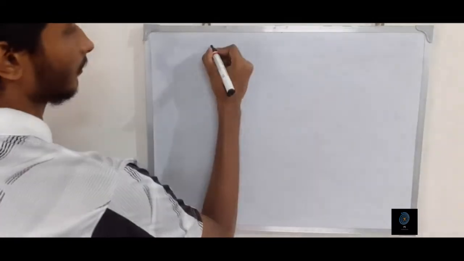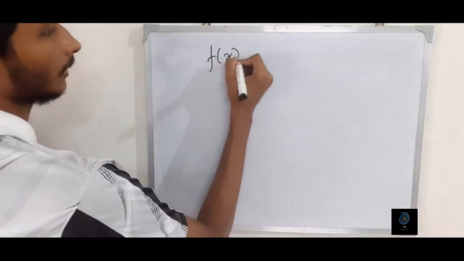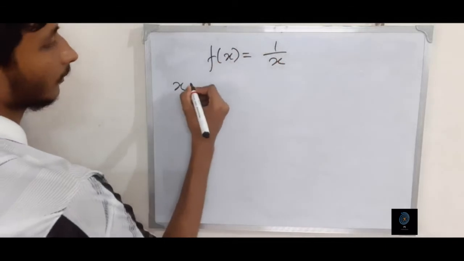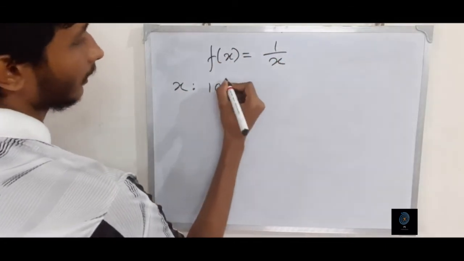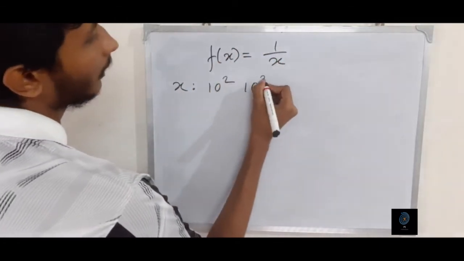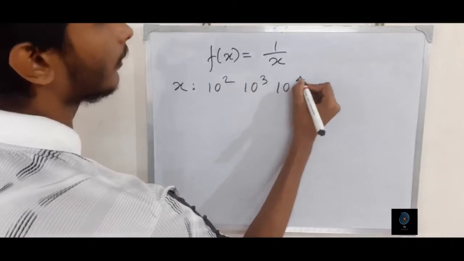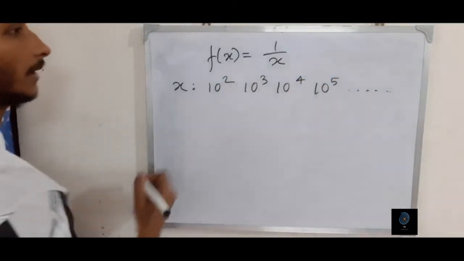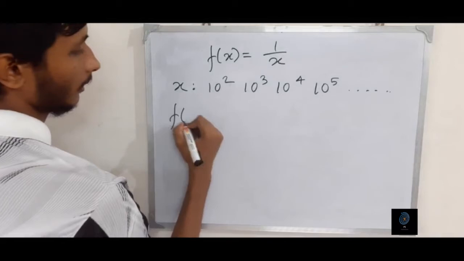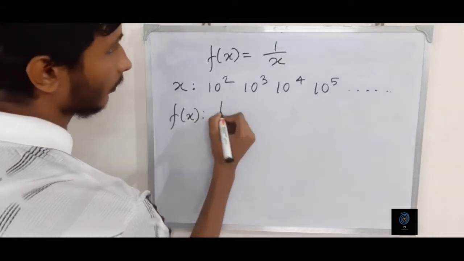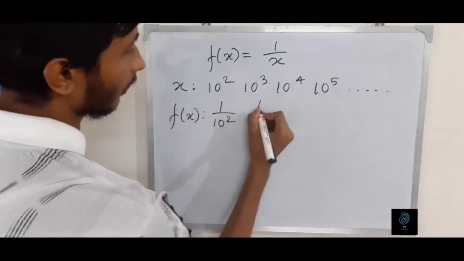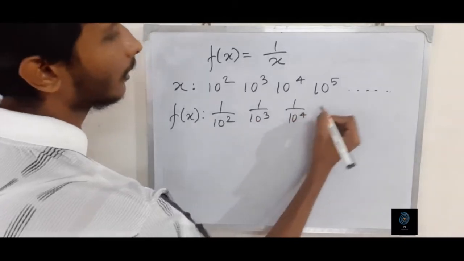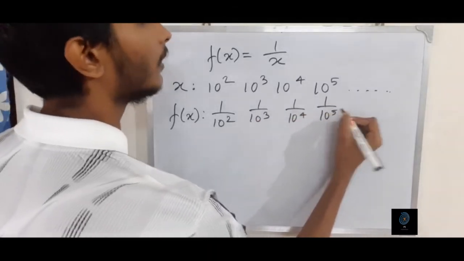Take the same example, f(x) equal to 1 by x, and put the values of x as 10 square, 10 cube, 10 to the power 4, 10 to the power 5, and so on. In this case, what will happen? The corresponding values of f(x) will be 1 by 10 square, 1 by 10 cube, 1 by 10 to the power 4, 1 by 10 to the power 5, and so on.